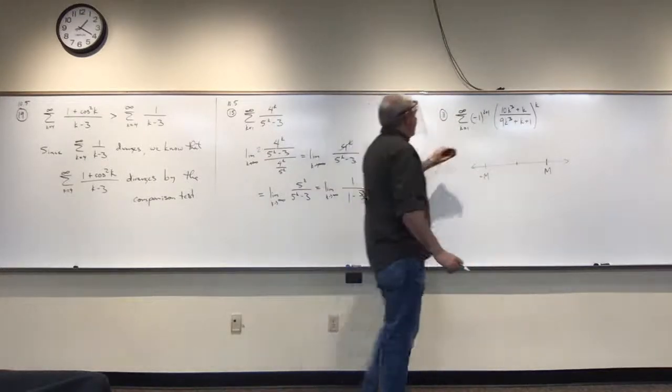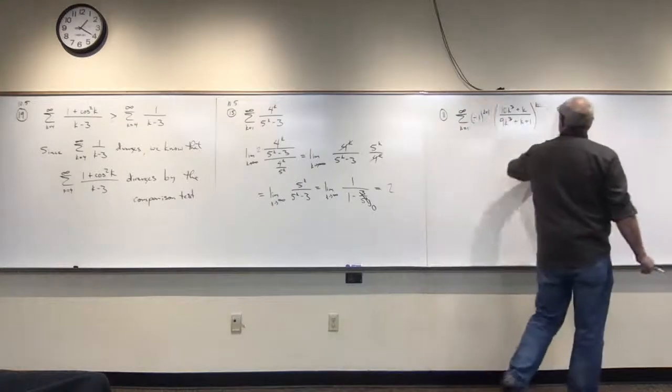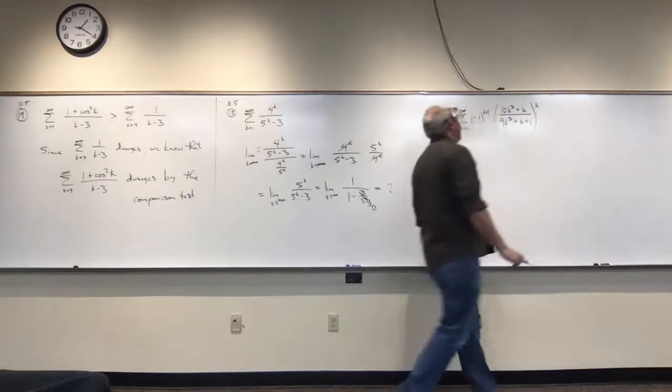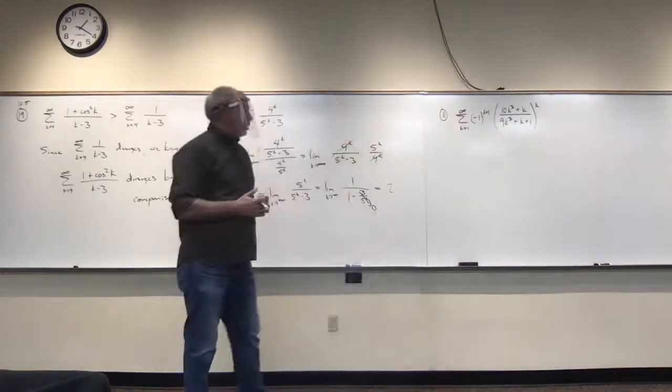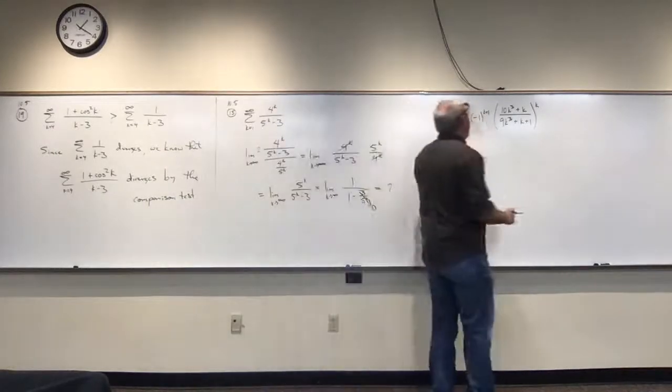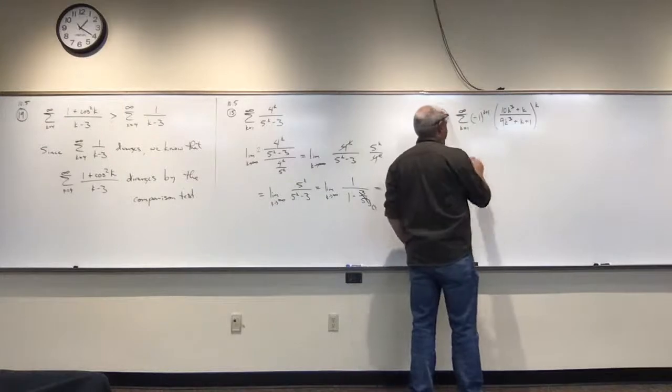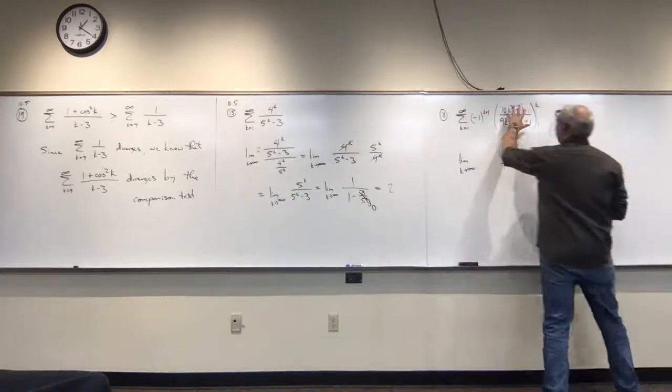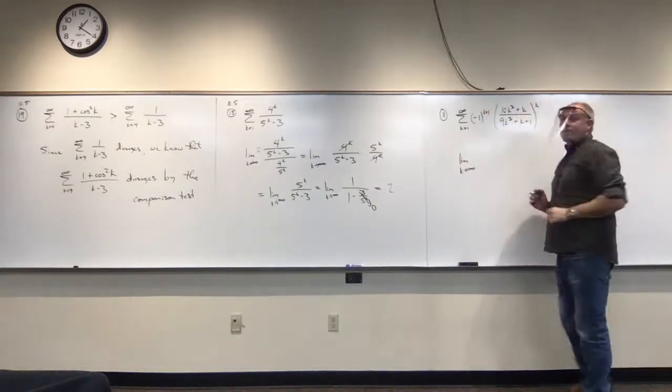So the first thing that I'm going to check is, does it converge absolutely? So I'm going to take out the negatives and I'm going to do a root test. The reason that I want to do a root test right here is because I have something raised to the k power.